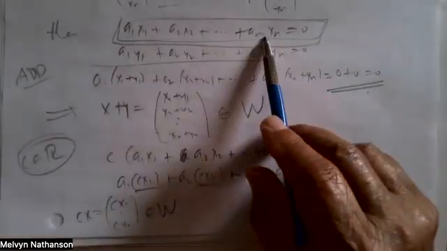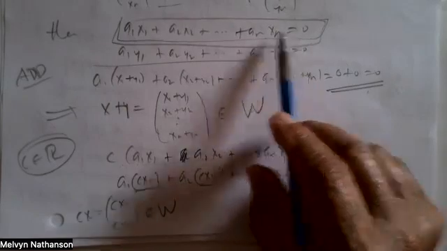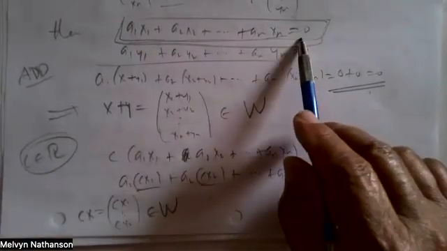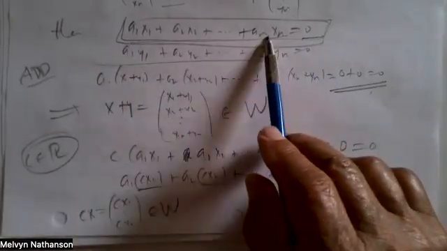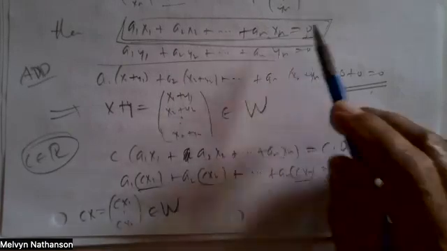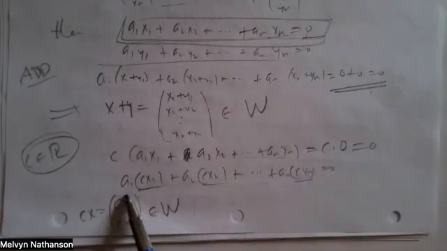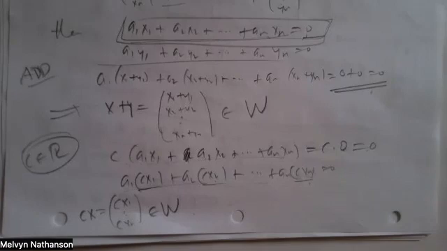X1 up to Xn is a solution of this equation. This is a number. That number is equal to 0. Multiply by a number C, I get this. Multiply 0 by C, I get 0. If something is 0 and you multiply it by C, you still have 0. Okay, you got 0 just because it equals 0, which says on the top.